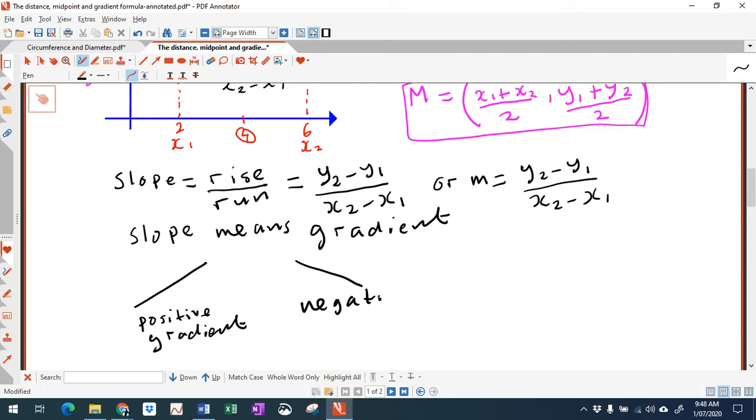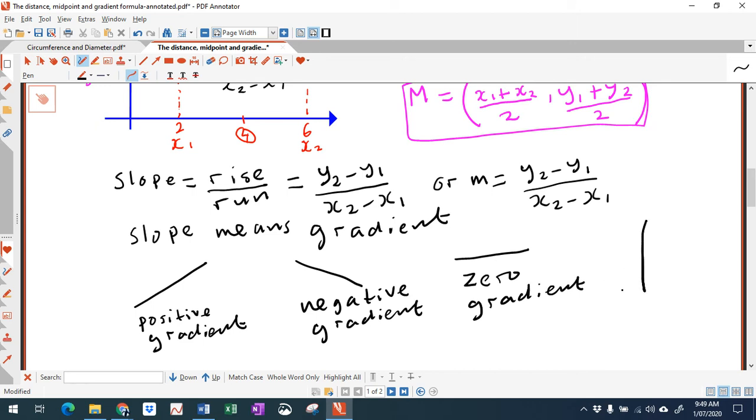So you're going to write all this down in your books. Now a horizontal line, a perfectly horizontal line, has a 0 gradient. Okay, and a vertical line has an undefined gradient.